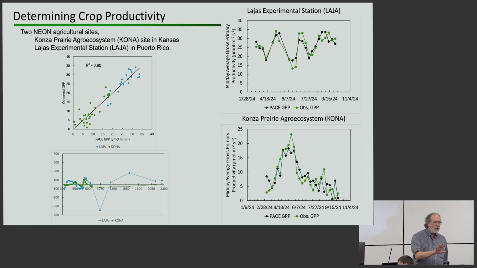But the other thing you can do with this, which is to me more interesting, is that this PRI index, which is related to photosynthetic light use efficiency, is strongly affected, basically chemically in the plants, by the amount of light on the canopy.